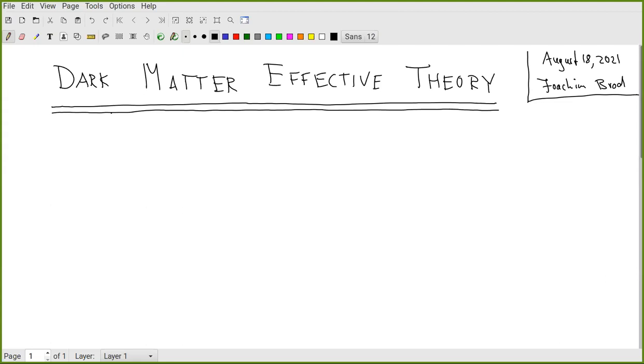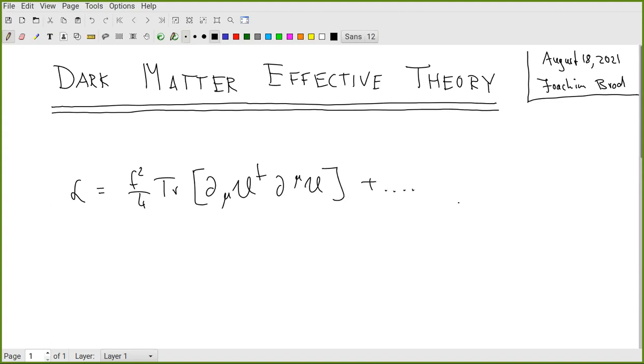The leading term was, let me write it down again, something like the pion decay constant squared divided by 4, and then the trace over the derivatives of these exponentials of the pion matrix, plus dots. This is the only chirally invariant term with two derivatives. If you want to include more terms, they will have more derivatives. So this is now not an expansion in a coupling.